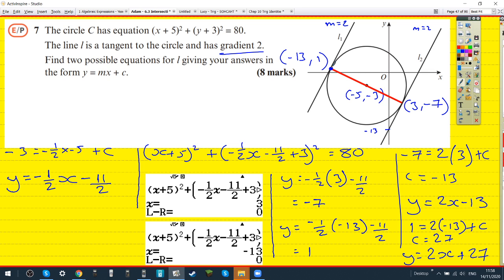To do that, we have to find one coordinate that they go through. That coordinate is the same as where the circle and the diameter intersect. So we find the equation of the diameter, but it involves lots of negative reciprocals and all sorts of stuff.